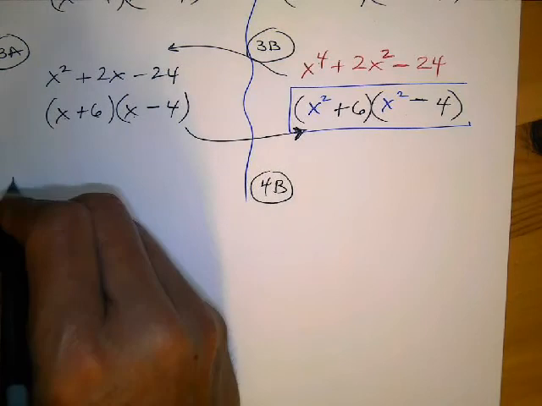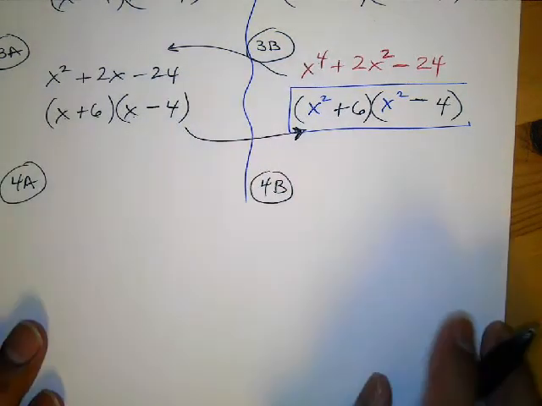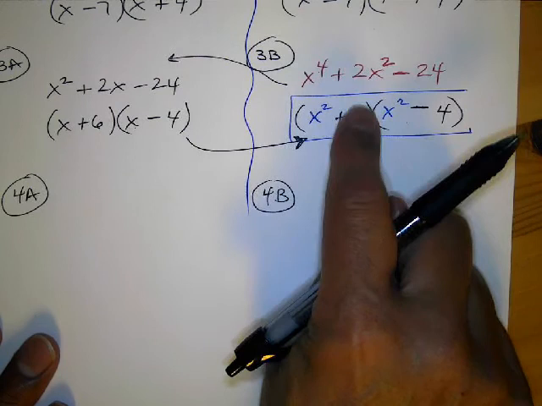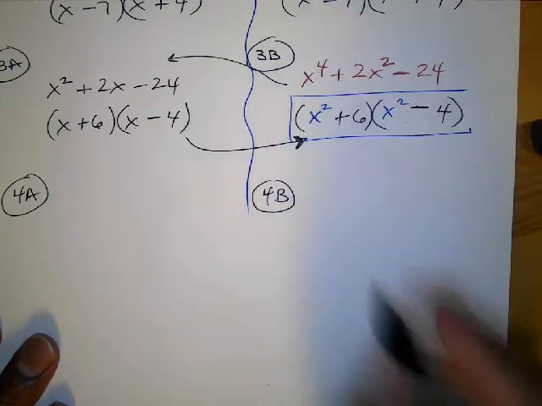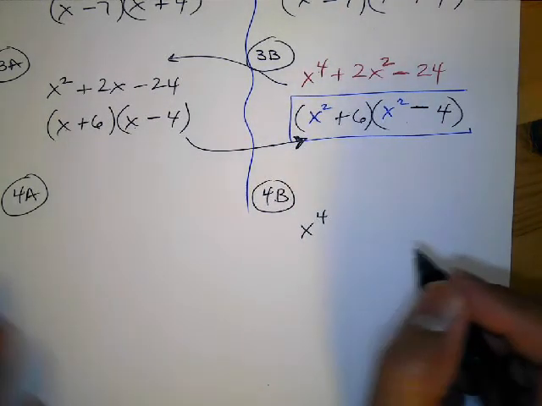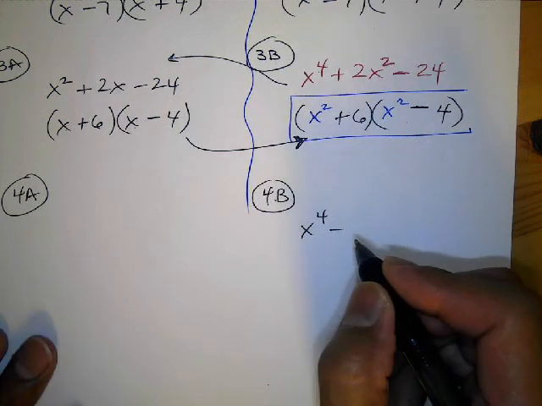Okay, let's do one more. 4b, and this will be 4a. So again, the problem is not going to be presented as a quadratic. It's going to be a polynomial, and in this case they're all going to be to the power of 4.